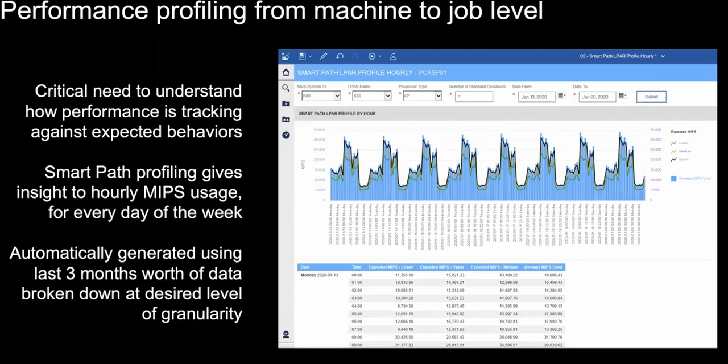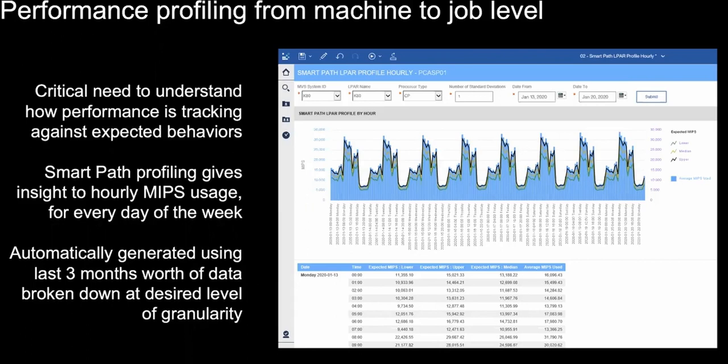So here is what we call SmartPath, but really it's an analysis of the MIPS usage on an LPAR at a particular hour point throughout the week. So typically you'd like to see a common behavior over a period of time and understand the deviation from that when it occurs.